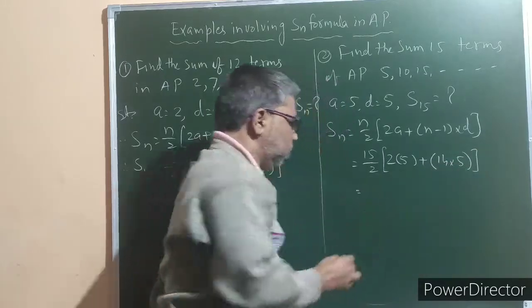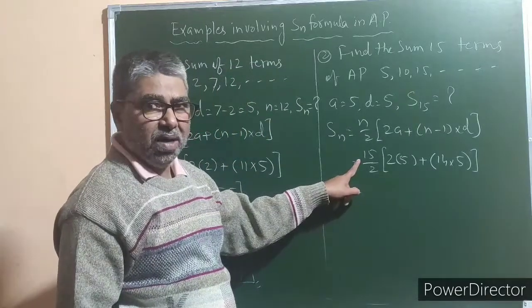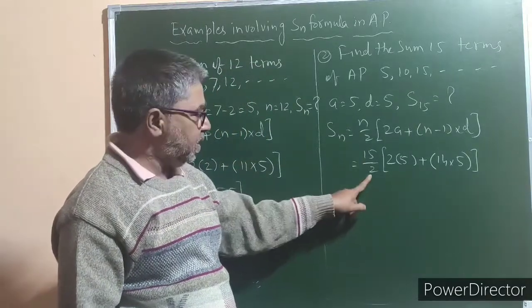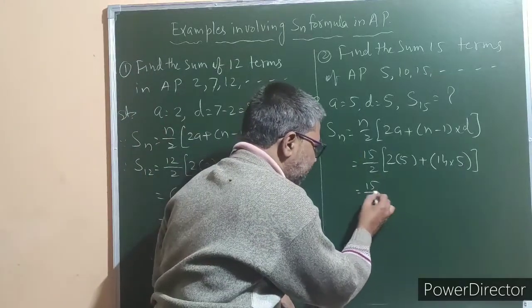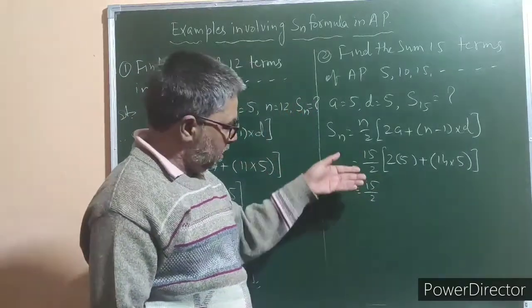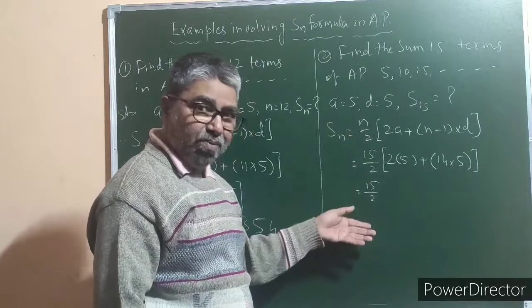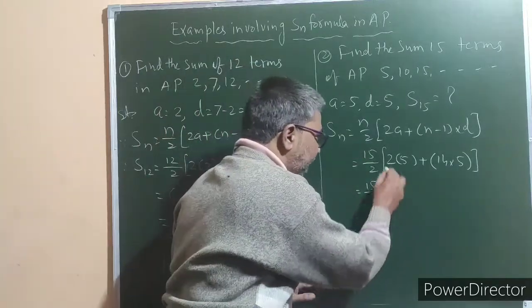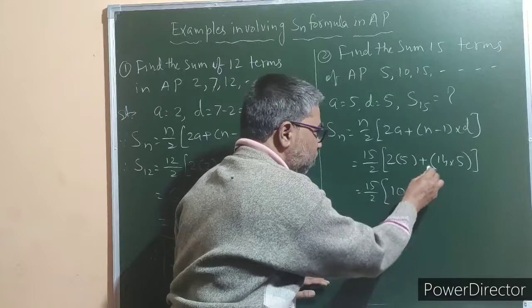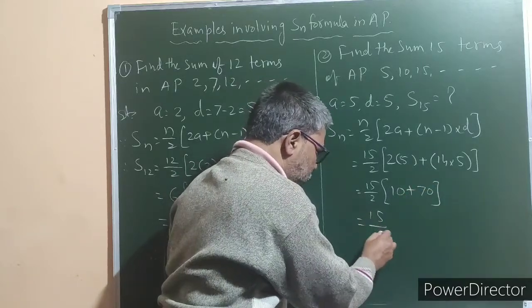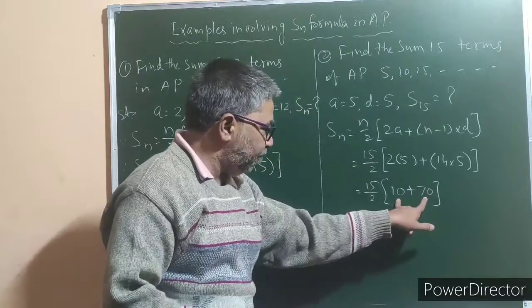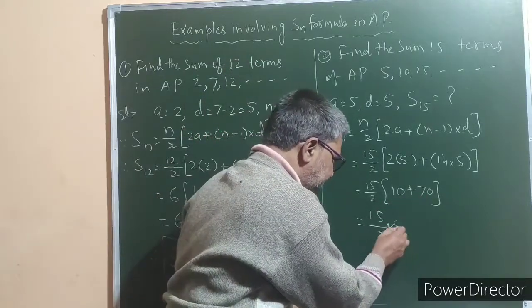Next, this is equal to 15 upon 2. 15 is an odd number and cannot be completely divided by 2, so maintain it as it is, don't write 7.5, write it as 15 upon 2 itself, into bracket 2 5s are 10 plus 14 5s are 70. Now this is equal to 15 upon 2 into 10 plus 70, which is 80.